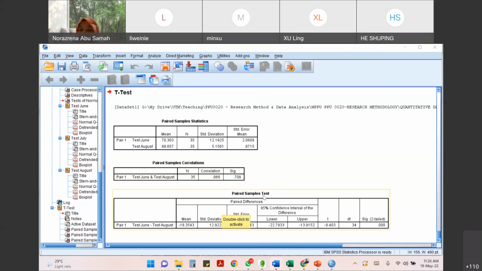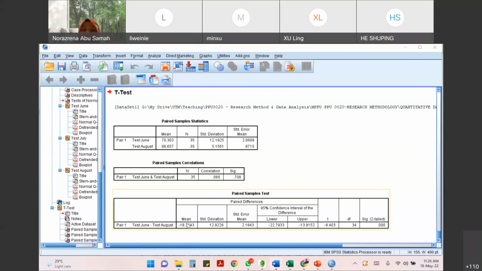Now for the paired-samples t-test, the first thing is also to look at the significant value. Always look at the significant value first, and then you look at the rest. If here it is less than 0.05, that means there is a significant difference between test June and test August.